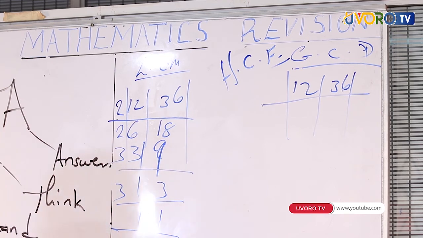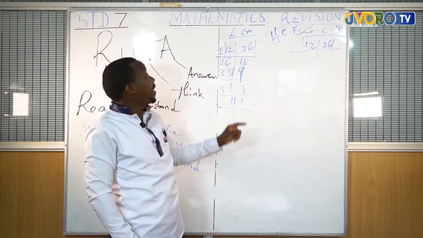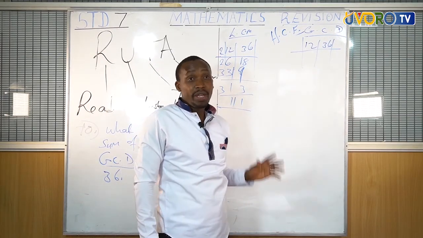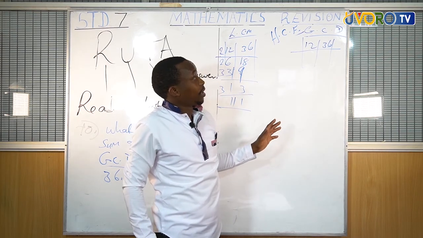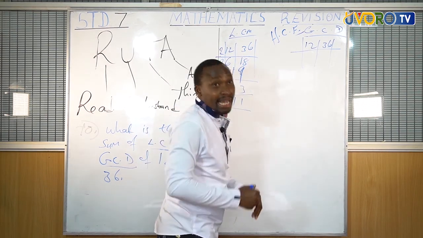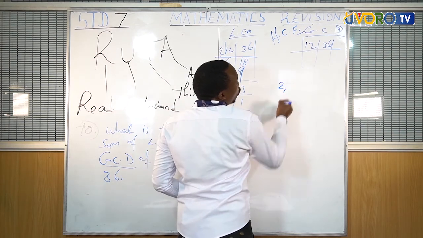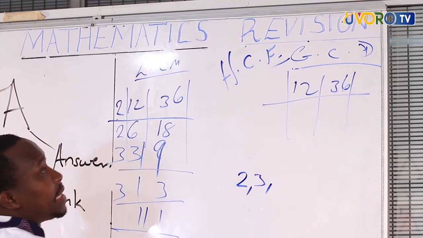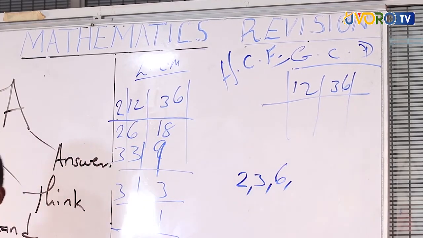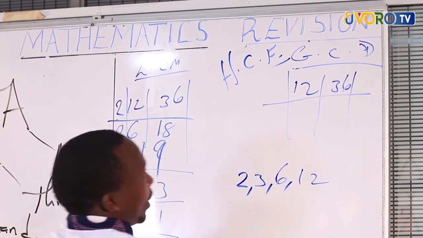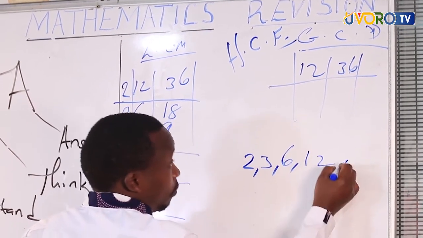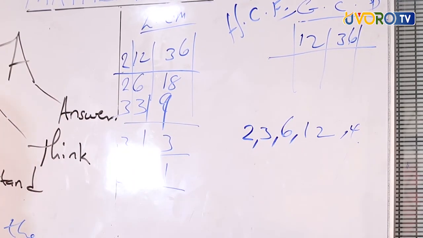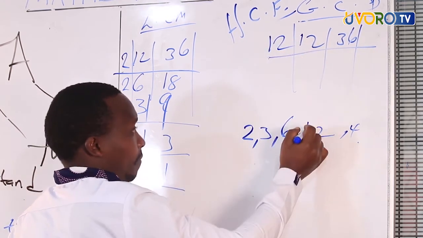Here we don't compromise like LCM, which divides only one number. The number that can divide all of them can be 2, yes, very good. Can also be 3. Can also be 6, very good. Can also be 12. Can also be 4. Which is the greatest number there? Among those numbers, 12. So we put 12.